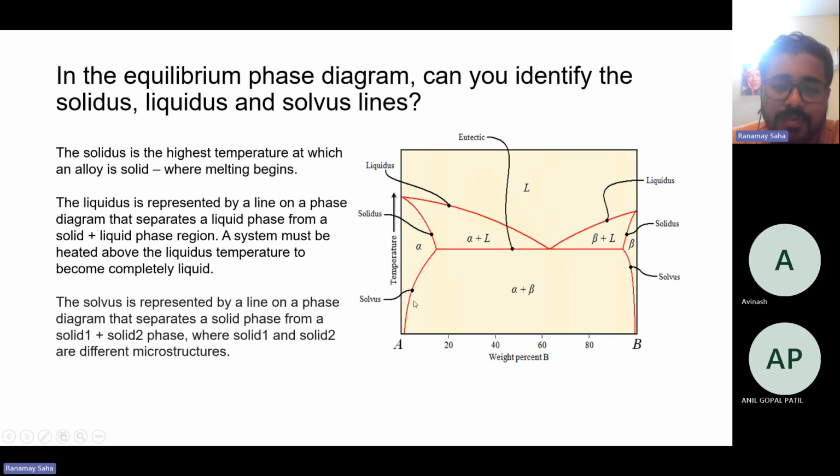Based upon the proportion of carbon present in the alloy, there can be variations in the properties that the alloy shows. So alpha behaves in a particular way, and the alpha plus beta phase behaves in a different way. This kind of line which separates two solid phases of different compositions is called a solvus line. Okay, I hope that clears it.